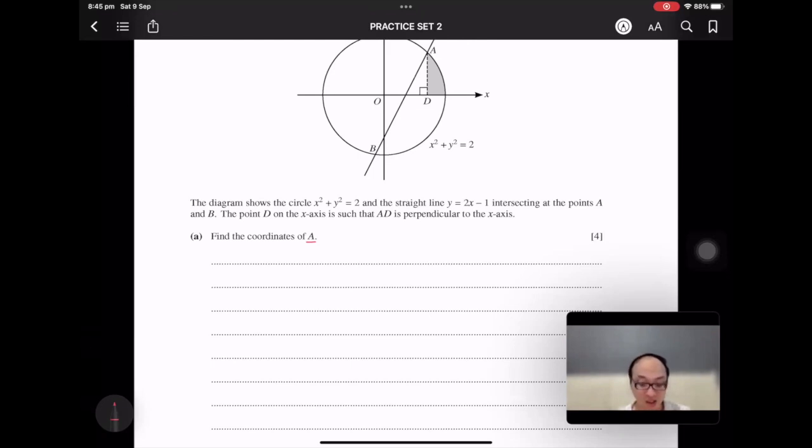So we can find the intersection by equating the equations. I can substitute y equals to 2x minus 1 into the equation of the circle, x squared plus y squared equals to 2. And then replace the y with 2x minus 1, squared, equals to 2.